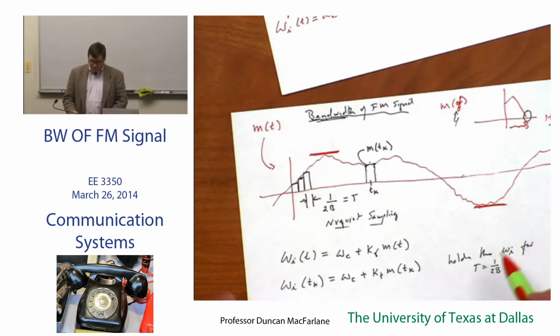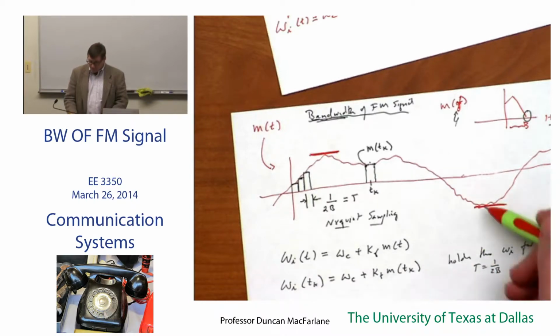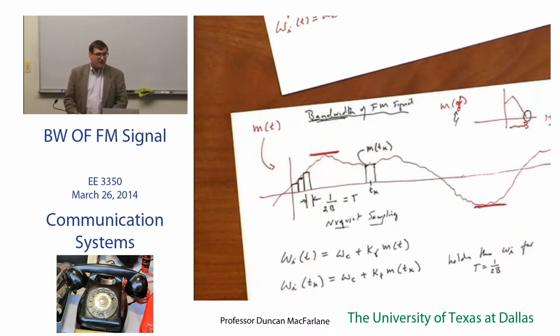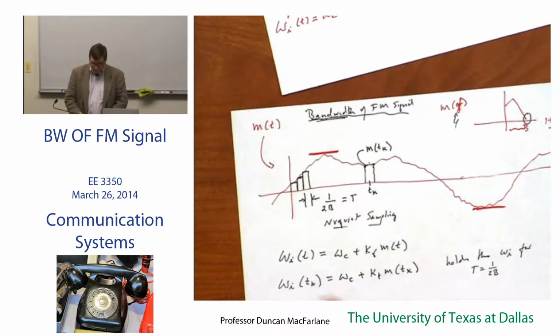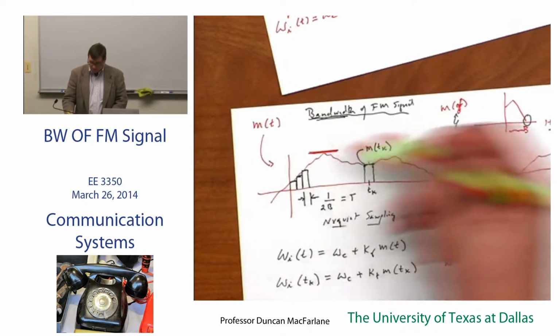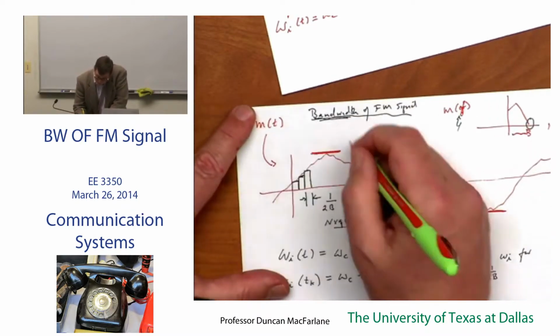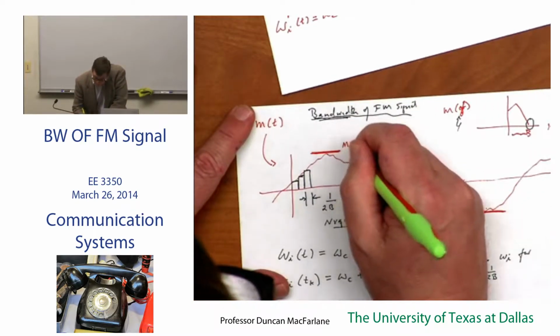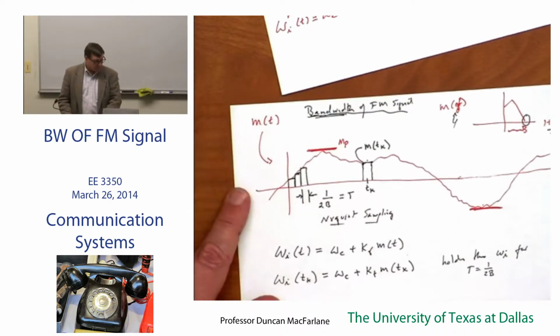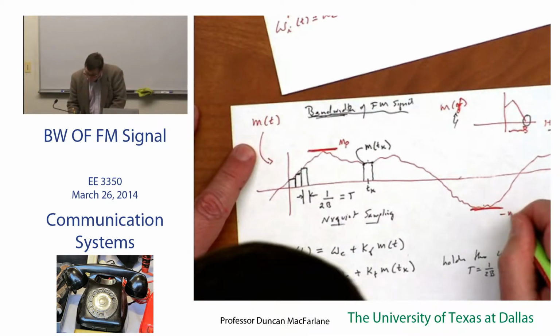If my message signal never goes below this bar and never goes below this bar, then my frequency is never going to be higher than the frequency that it is here or lower than the frequency that it is here. Okay? So what I'll do is I'll call this m sub p, and I'll call this minus m sub p.